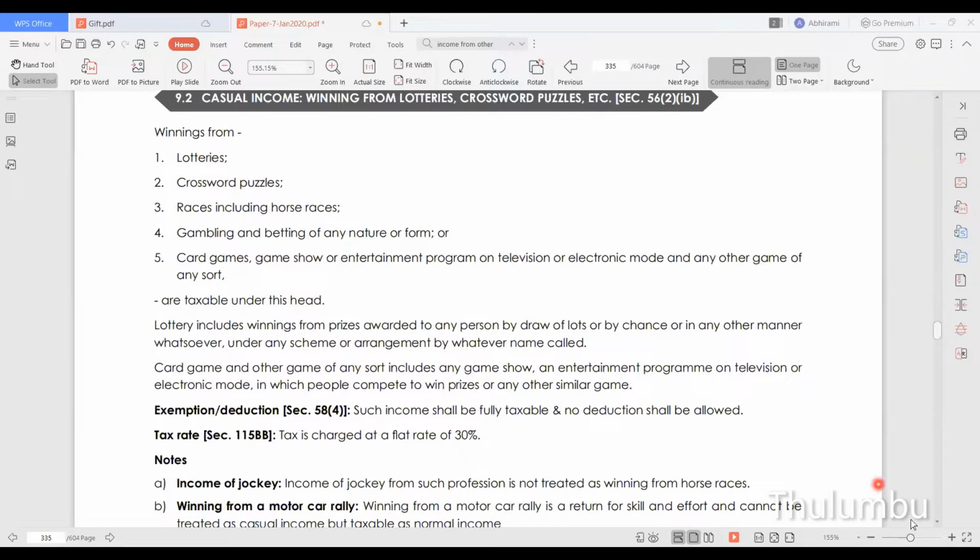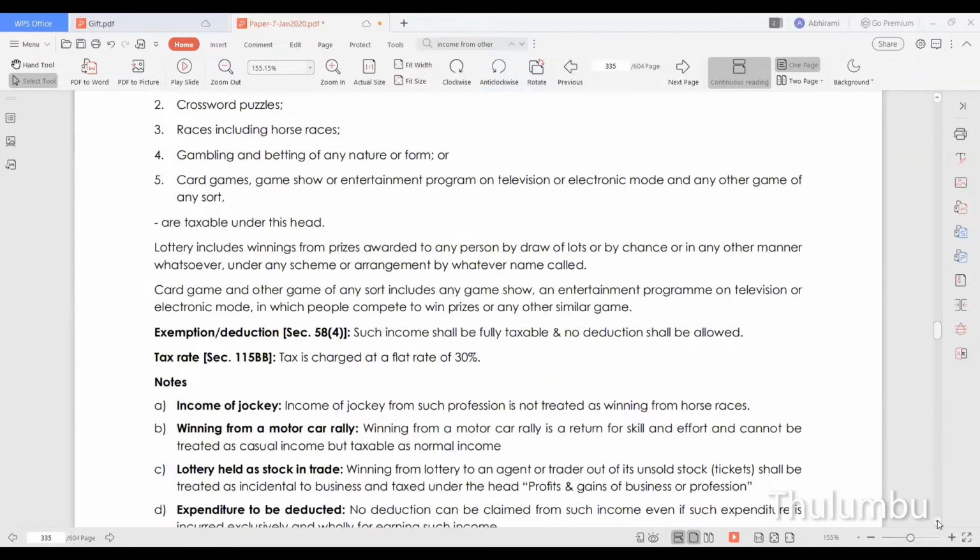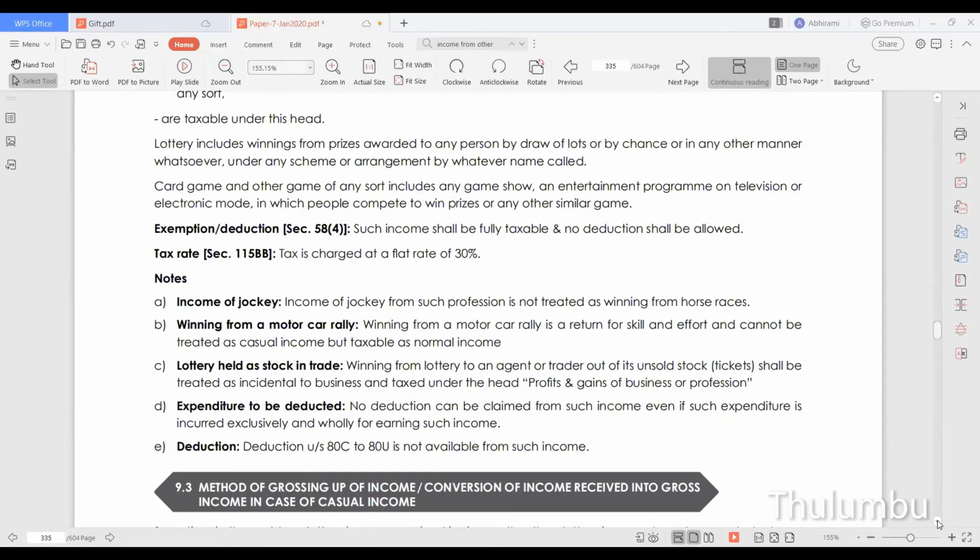So next notes. Income of jockey. Horse races la irundhu vara income is taxable as income from other sources, whereas அந்த ஹார்ஸ் ரைட் பண்ற ஜாக்கி வந்து will not be treated as such, ஏன்னா அவருக்கு it is a professional income or salary income அந்த மாதிரி தான்.